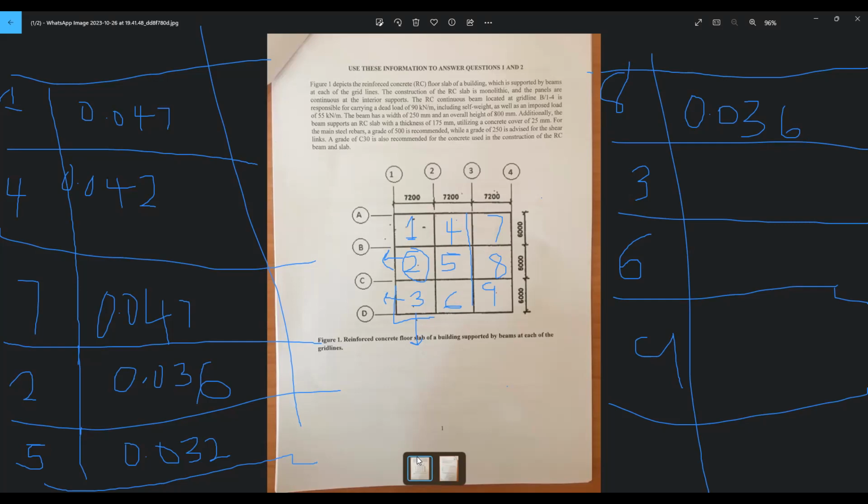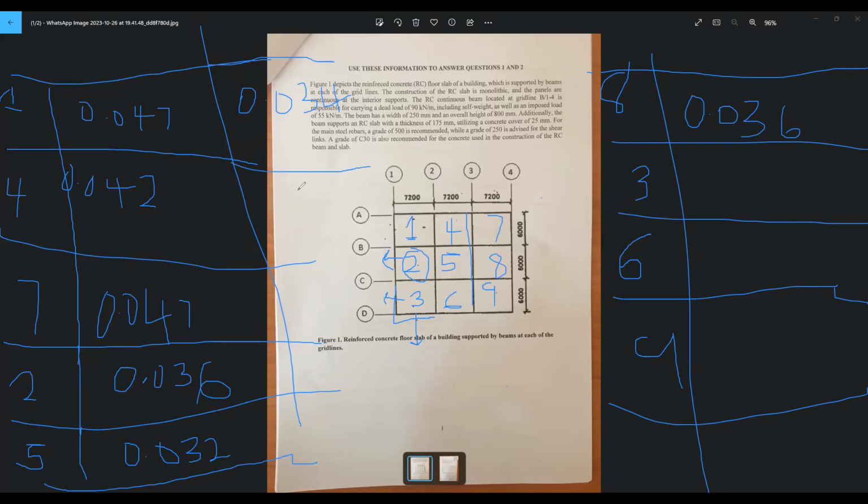So you just take the value for positive moment at midspan over there, under two adjacent edges discontinuous. We have a value of 0.034 to be our answer, 0.034 to be the answer for that.